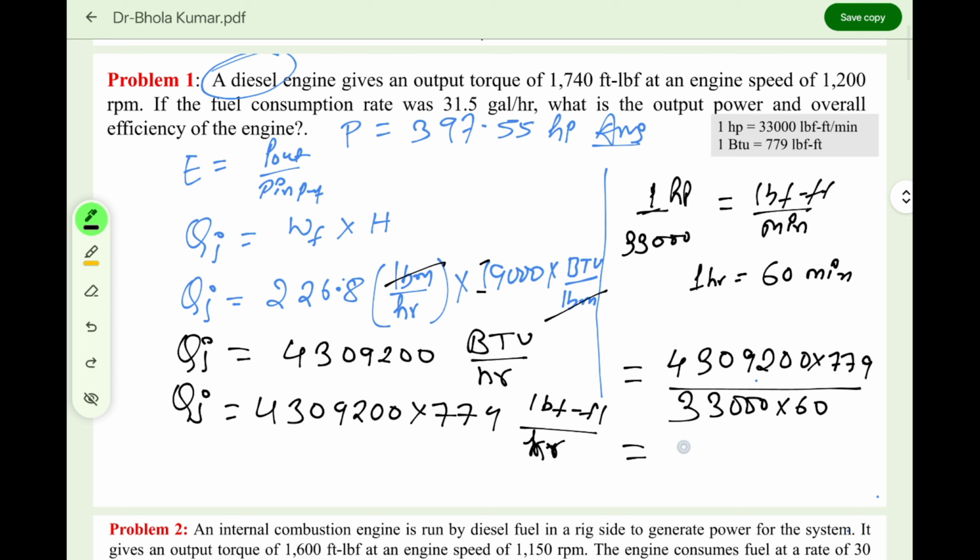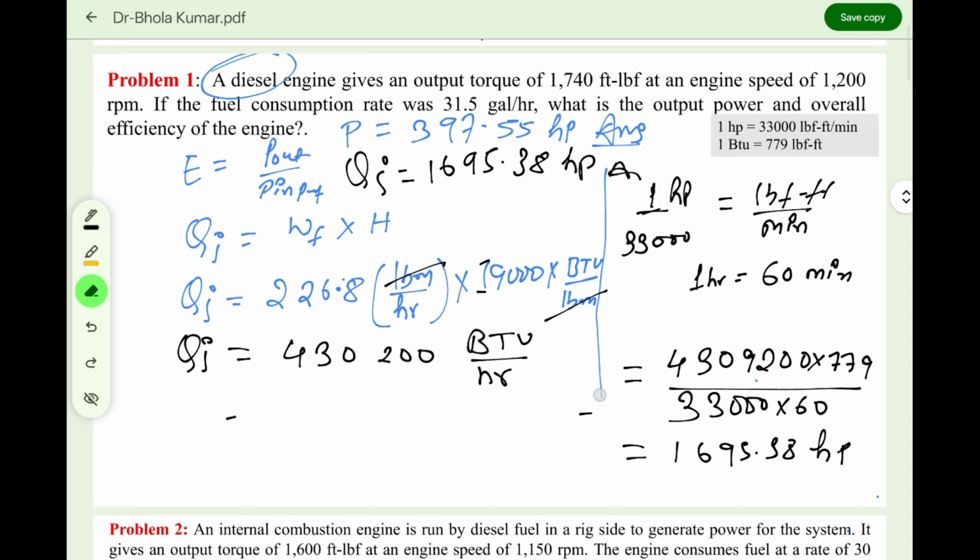So you will get the power input finally, 1695.38 horsepower. So the input power, Q input, is 1695.38 horsepower.